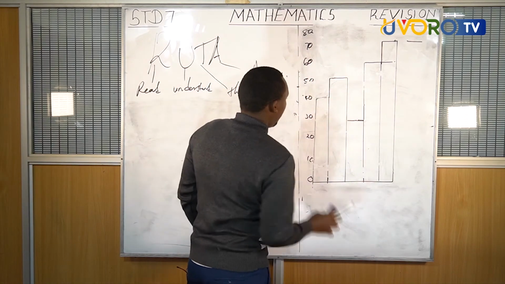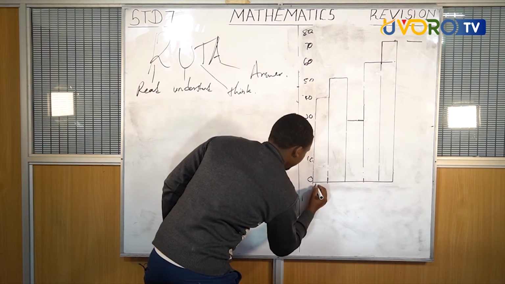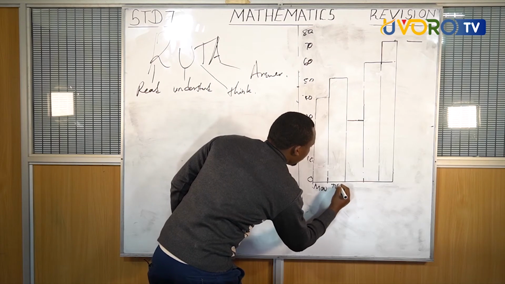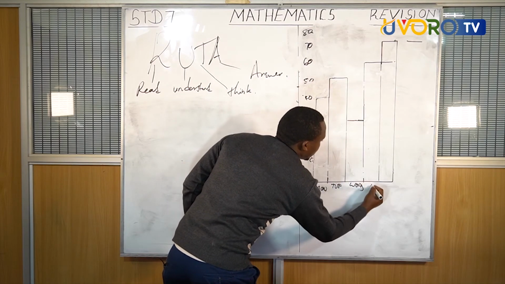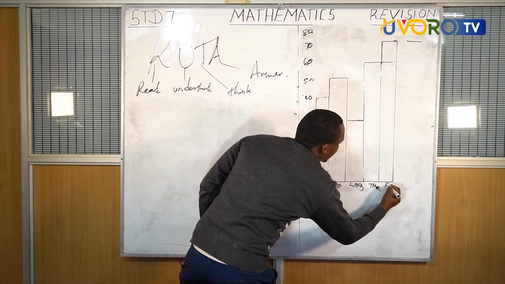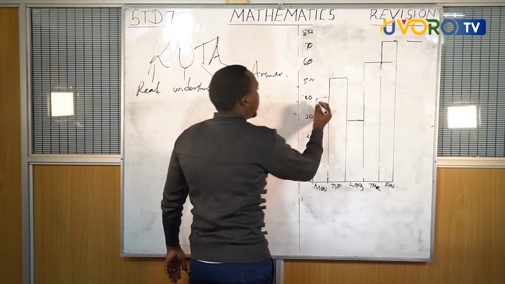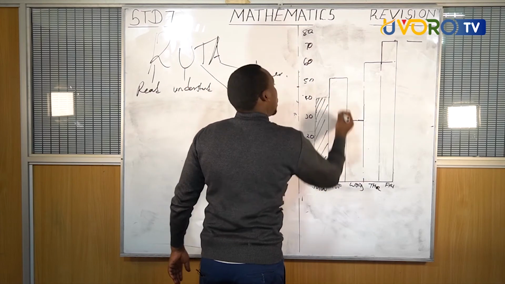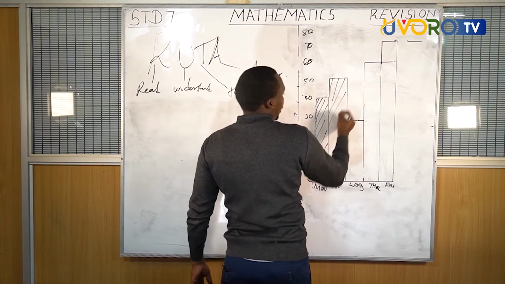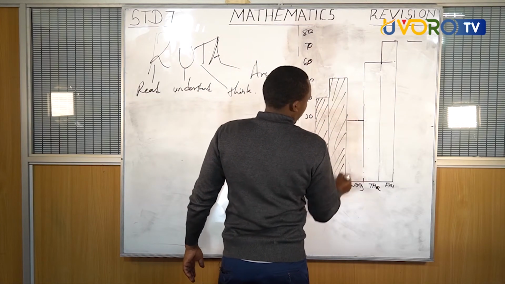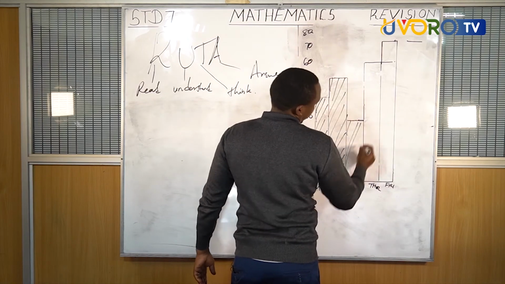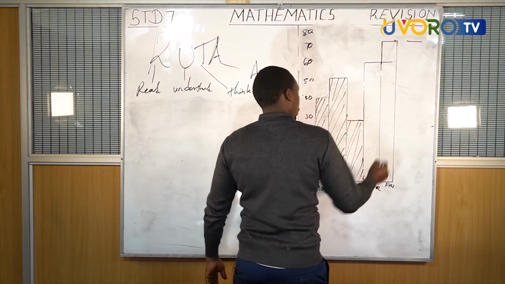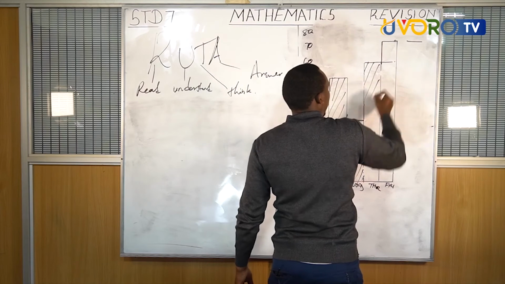We have here Monday, Tuesday, Wednesday, Thursday, and the last one is Friday. And we have the bar graph shaded. The bar graph is now shaded.